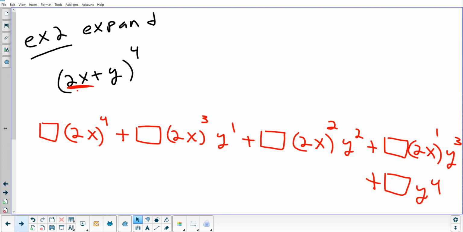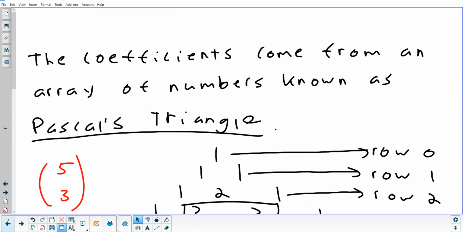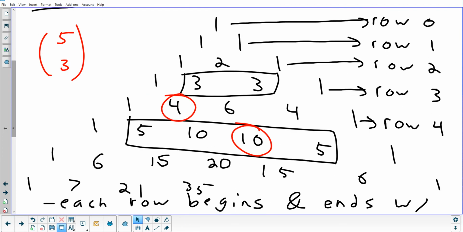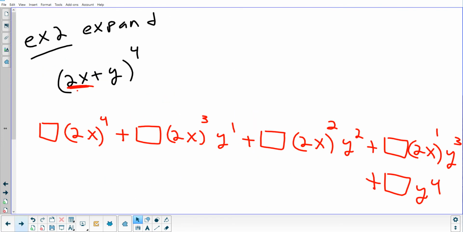Now, go to row 4, get your coefficients. 1, 4, 6, 4, 1.